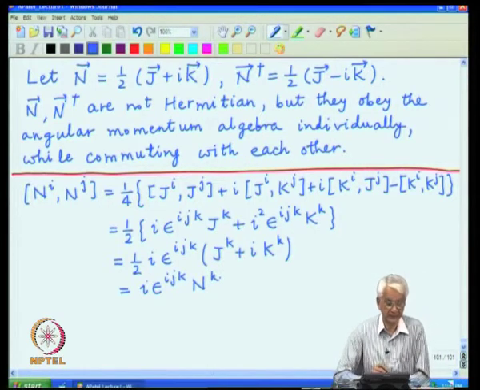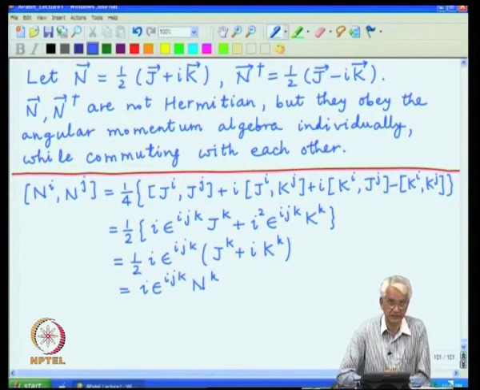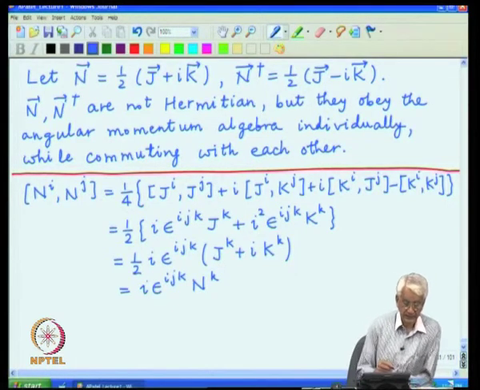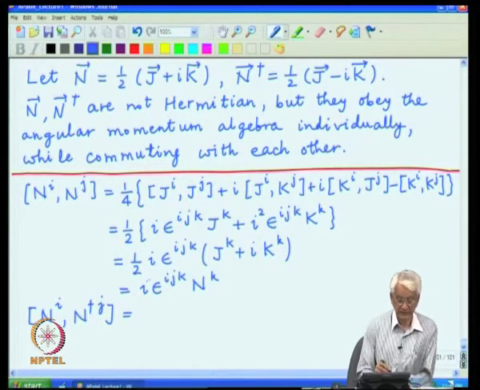So, this shows that the components of N, there are 3 of them, obey the same angular momentum algebra. Similarly, one can reduce N_i dagger and J dagger to the same kind of structure. What happens when one is N and the other is N dagger is that one gets the same 4 terms, but there are differences in signs, because N dagger will have minus i instead of plus i.